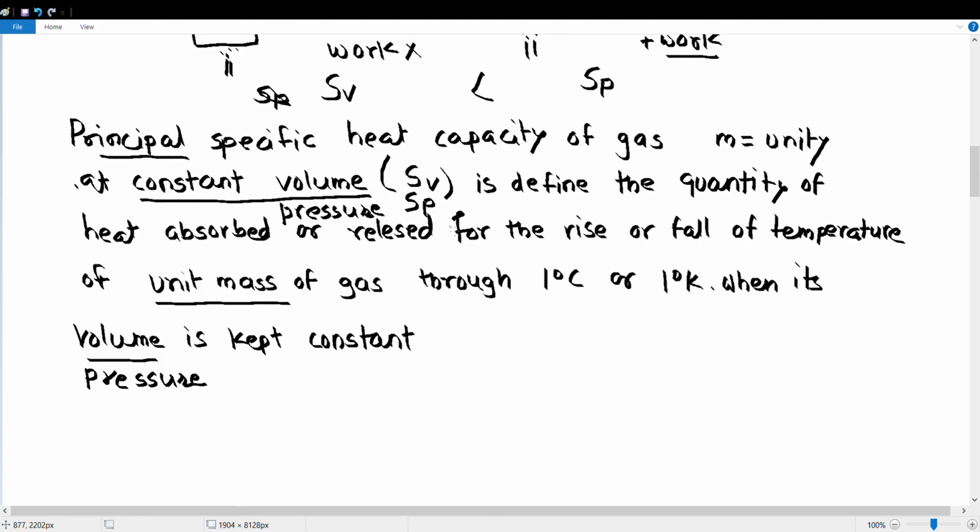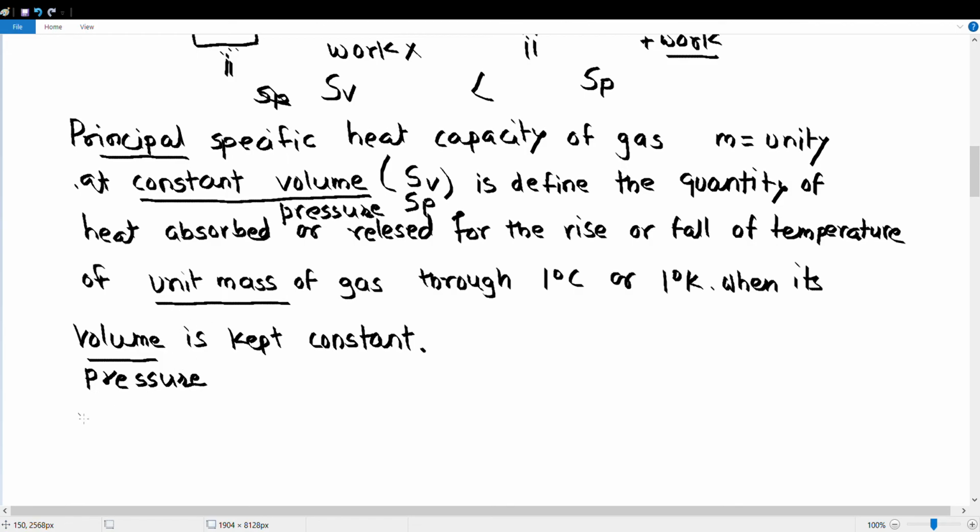It is defined as the quantity of heat absorbed or released for the rise or fall of temperature of unit mass of gas through 1 degree Celsius or 1 degree Kelvin when its pressure is kept constant. The definition is almost the same; we just change one word, pressure.